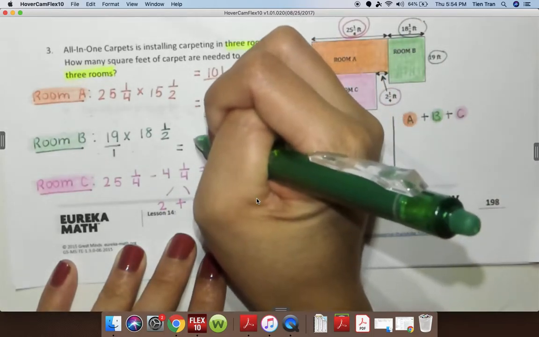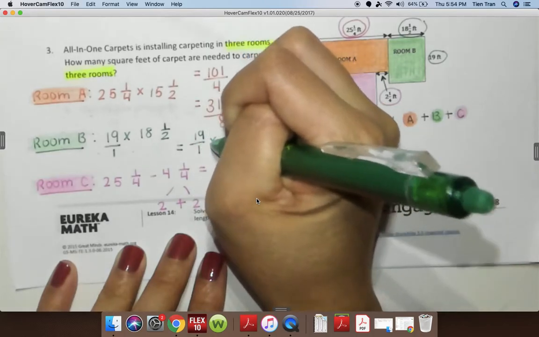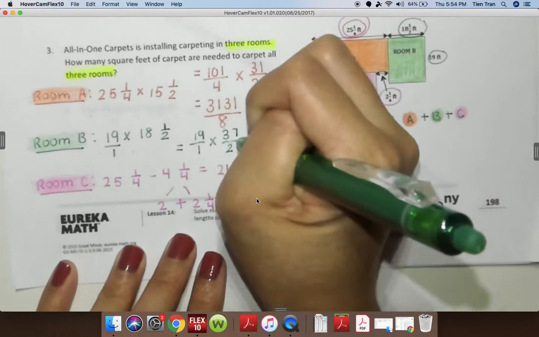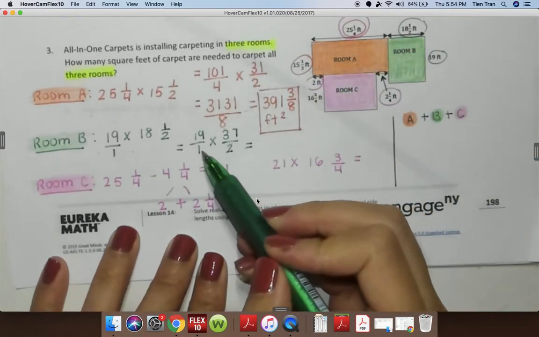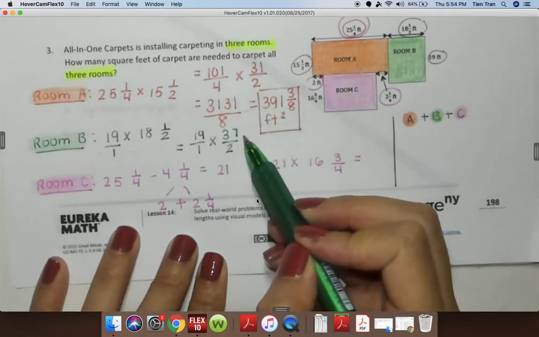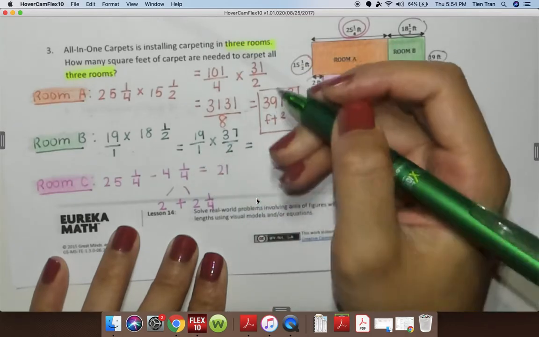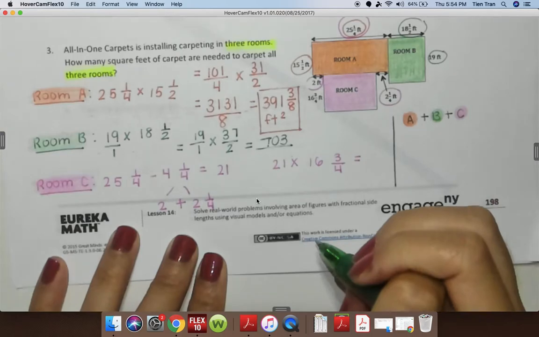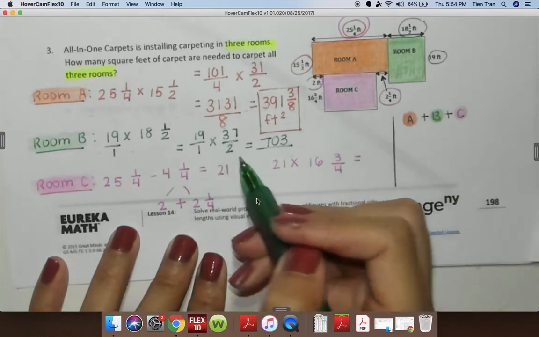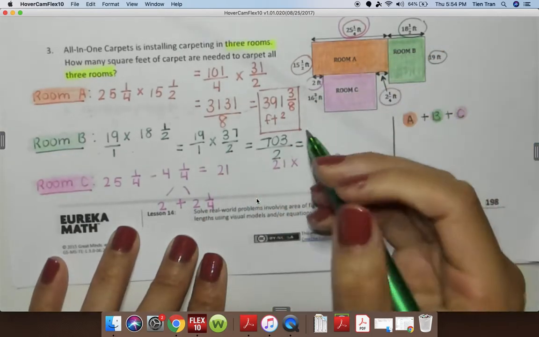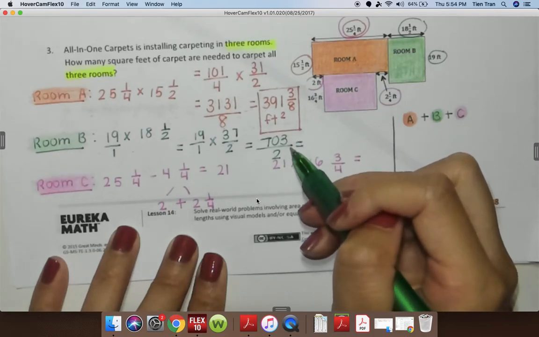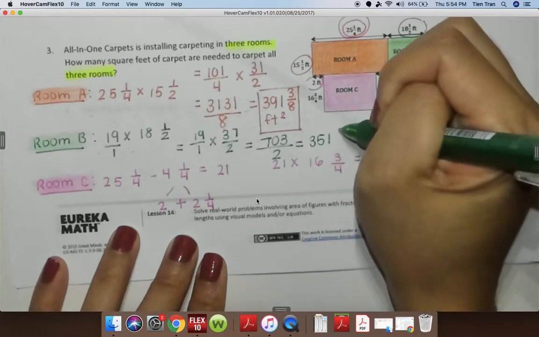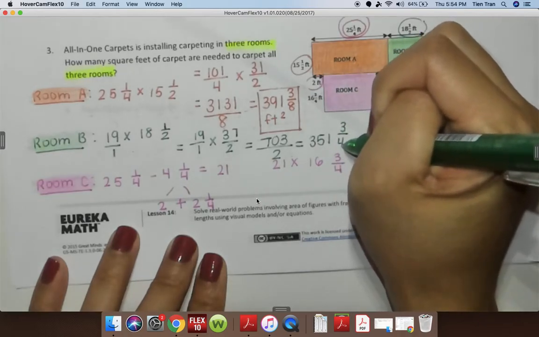So I have 19 over 1 times 37 over 2. Now I'm going to multiply 19 times 37, and when I multiply 19 times 37, I get 703, and my denominator is going to be 1 times 2, which is equal to 2. When I divide 703 divided by 2, I'm going to get 351 and 1/2 feet squared.